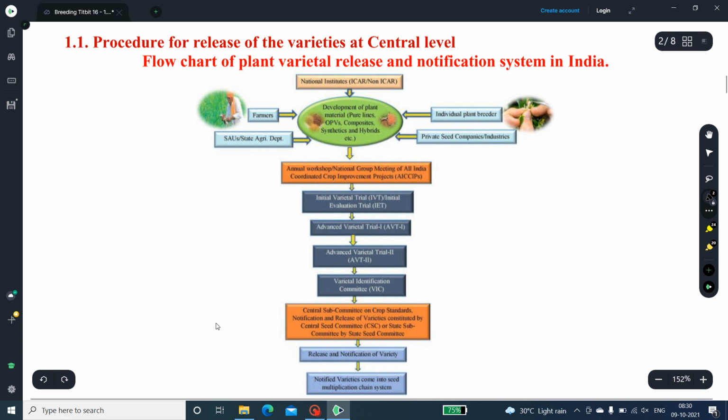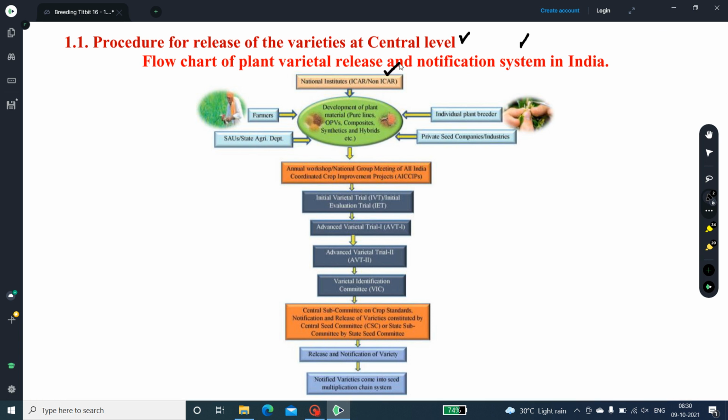This is the flow chart showing the procedure for release of varieties at central as well as state level, that is existing in India. The national institutes like ICAR, the Indian Council of Agricultural Research, and non-ICAR institutes develop varieties like pure lines, OPVs (open pollinated varieties), composites, synthetics, and hybrids.